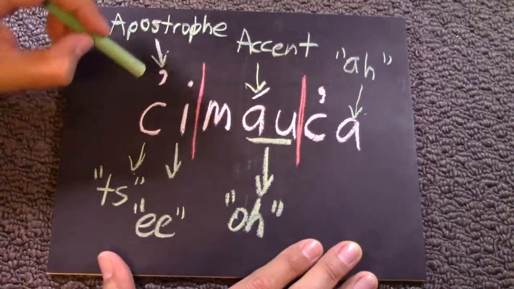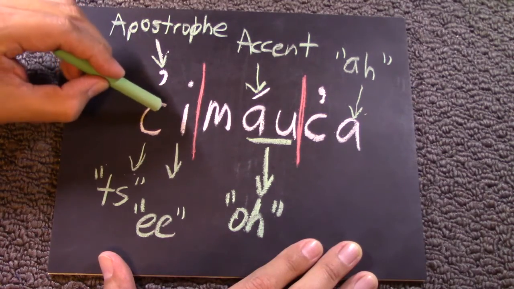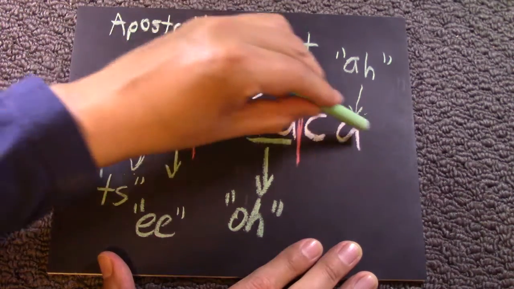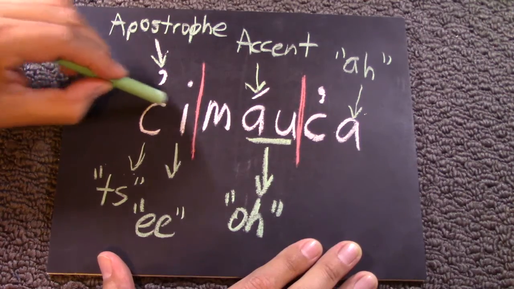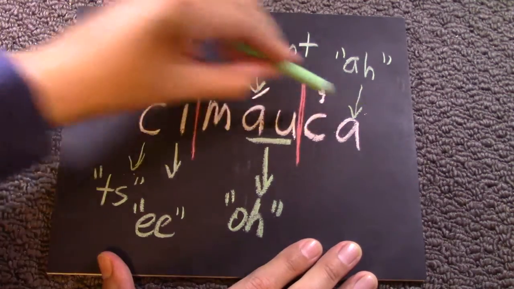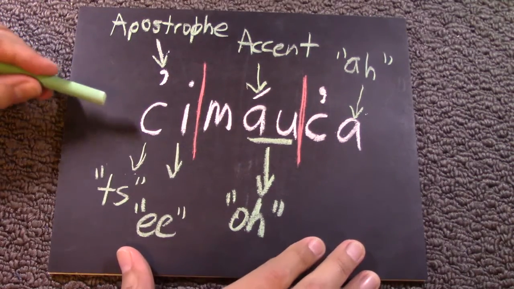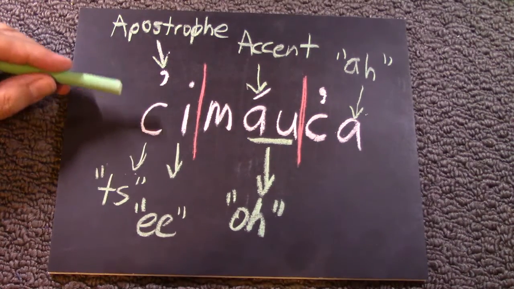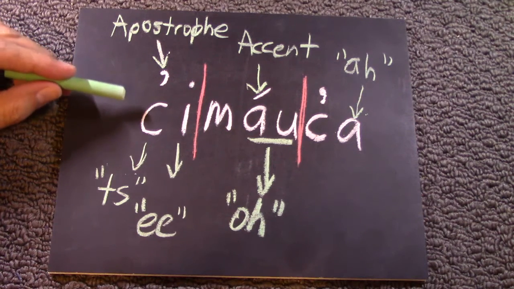So you put them together, and you get zi, mo, za. So this word means place of snags or snag beach, and it's the traditional name for Kitimat village.